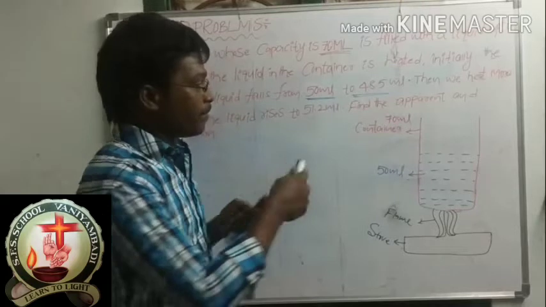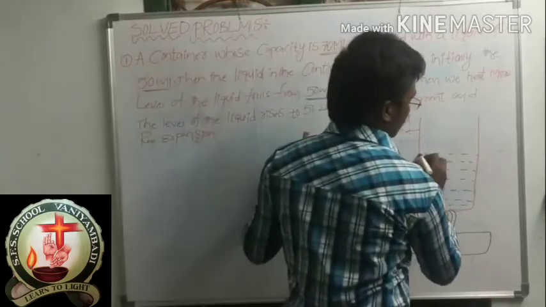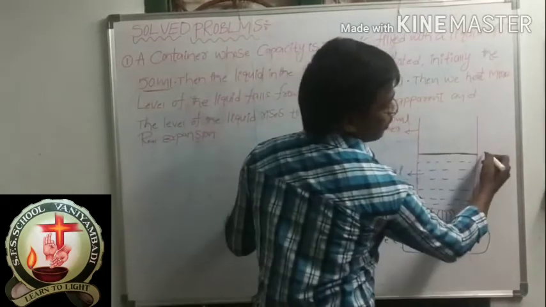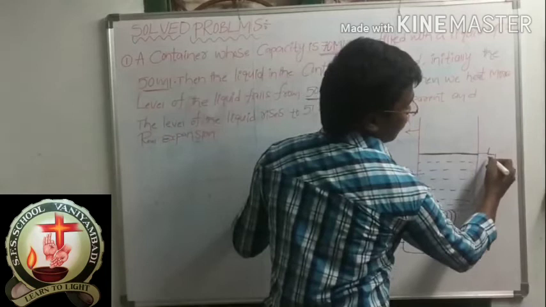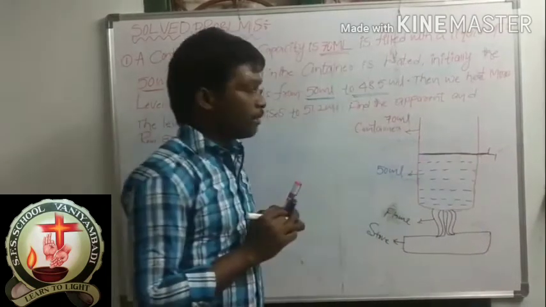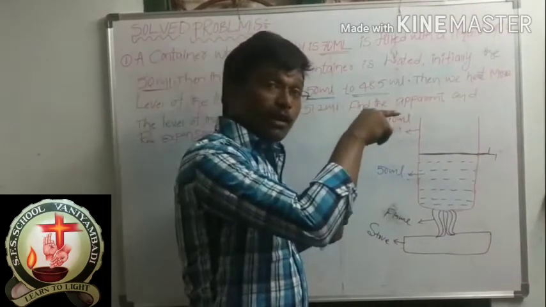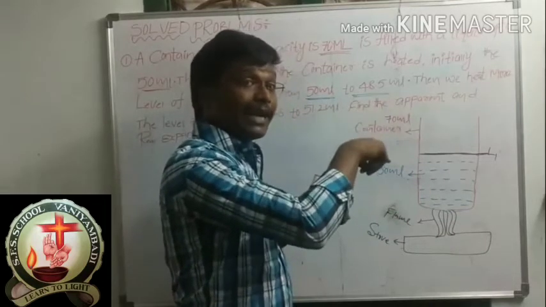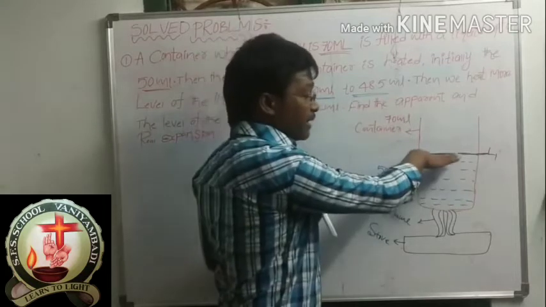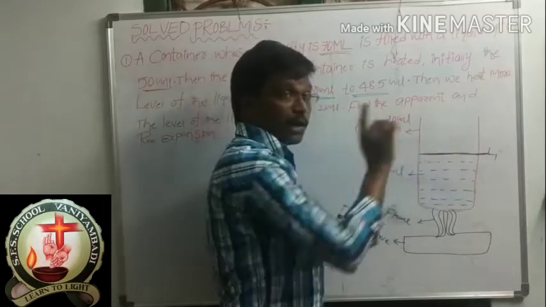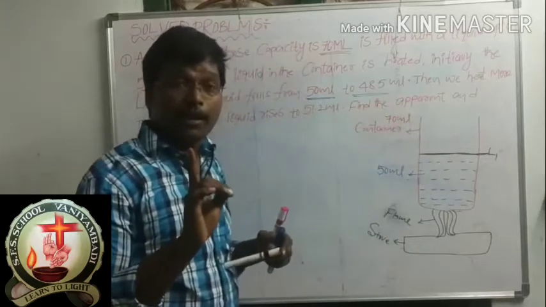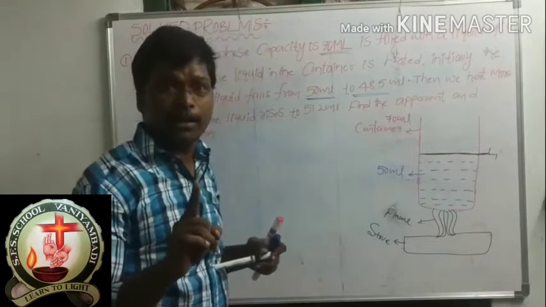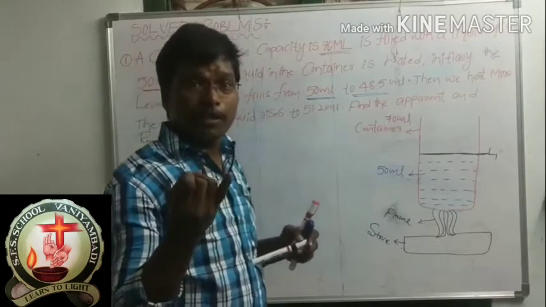Remember carefully. Suppose this is the actual state of the liquid. Call this one L1. Whenever you are giving heat to the container, the liquid level will fall. I already explained an experiment to prove real expansion and apparent expansion.